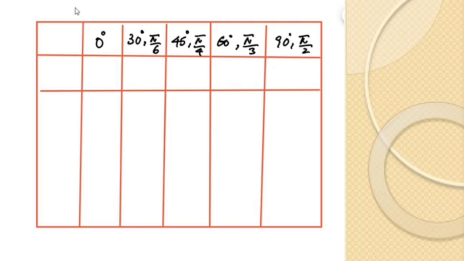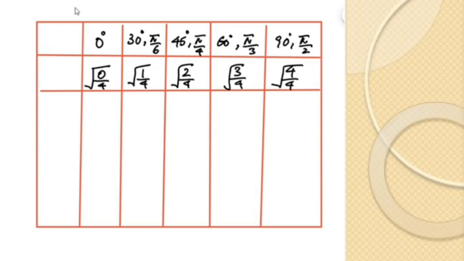We'll write 0, 1, 2, 3, 4. Divide each number by 4. Take the square root of each number.